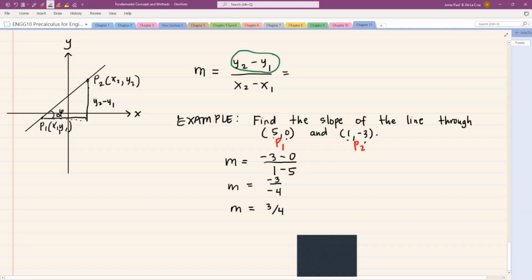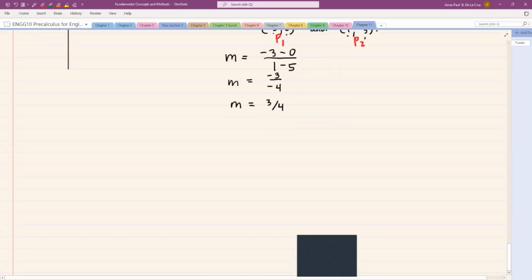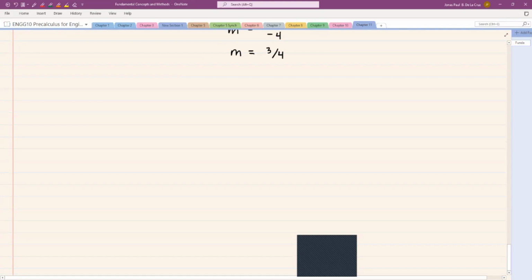Kaya tinawag natin usually yung slope is rise over run. Diba? This is rise over run. Kasi ito, y2 minus y1 is the vertical distance. Itong x2 minus x1 is the horizontal distance between the points. Yun yung slope.